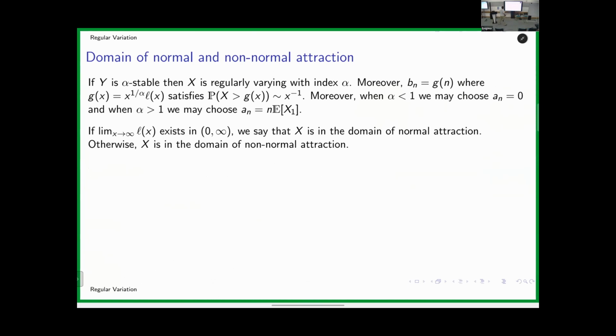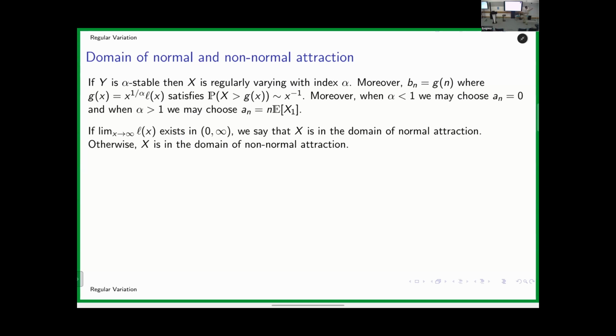Essentially, if the tail behaves like x to the minus alpha times L(x), and this L has some limit in (0, infinity), then the curly L over here will also have a positive finite limit. And if L is properly slowly varying, so maybe it's log or 1 over log, then you need to work out what the curly L is, and that curly L will also not have a positive finite limit.